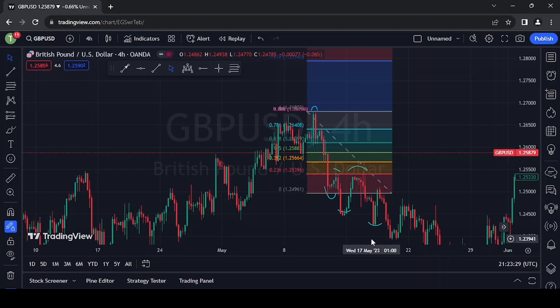Now, for an unstable trend, the retracement will come to the 61.8% or between 61.8% and 78.6%, that is in the middle of these 2 marks, or come to the 78.6%. 3 major areas: either the 61.8, or in between, or the 78.6%. That is for an unstable trend.